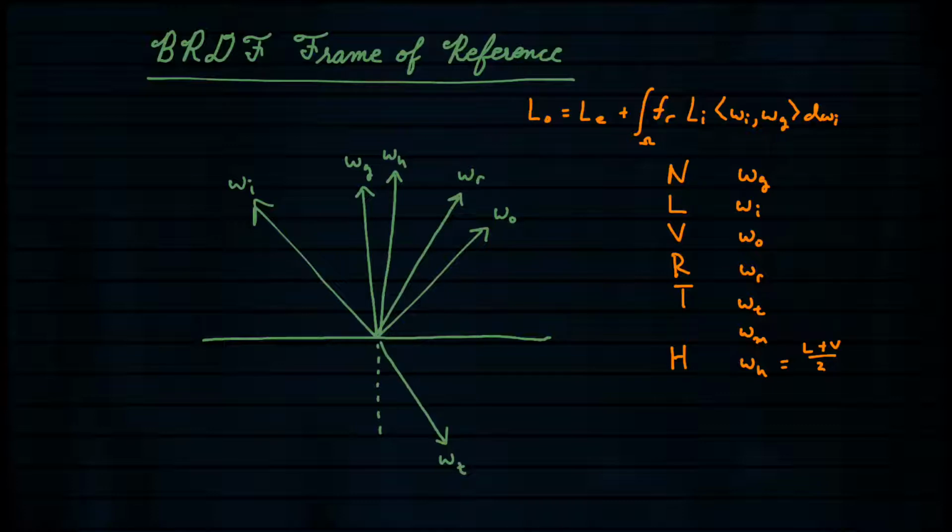So these are essentially all the angles that we're interested in when we're trying to model the BRDF, which I mentioned is F sub R. And this takes two angles, omega I and omega O. And it just relates how much light is reflected. And one way to think about this is to think about the incoming light and the outgoing light.